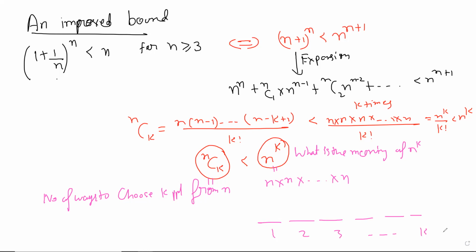There are n items, and you want to place them in k places, and you can place the same item again and again. Then for each place you have n choices. So you can also think of it like there are n people, and there are k designations.